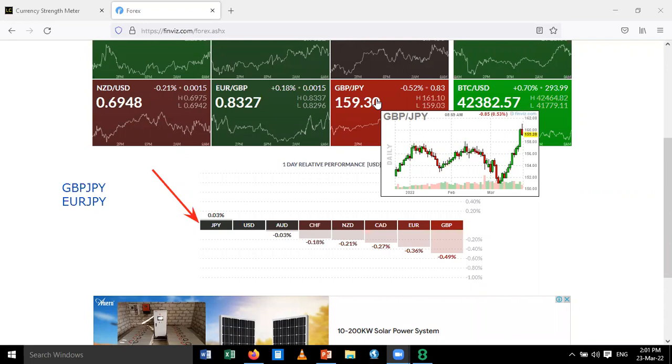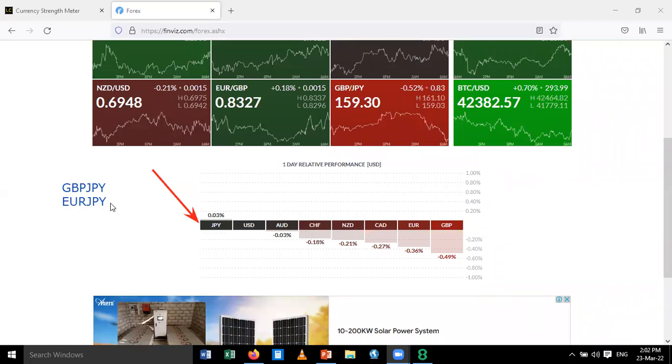Now we are talking about, remember the first class when we talked about the base and the quote currency. Looking at GBP-JPY, which one is the base currency? Which one is the quote currency?